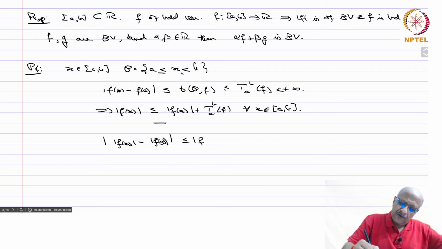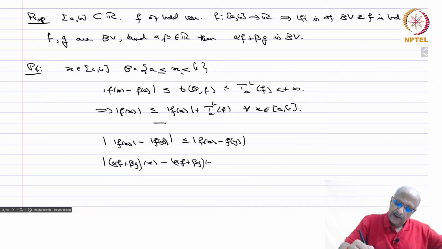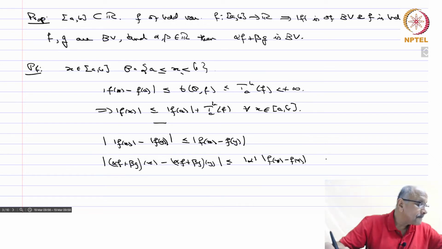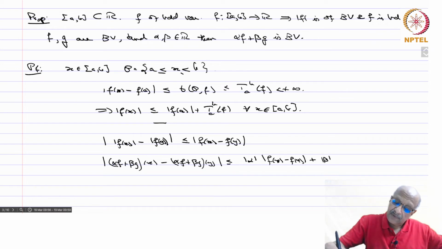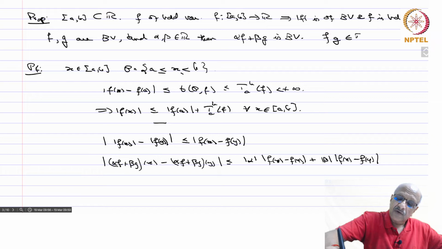is less than |f(x) - f(y)|, and |(αf + βg)(x) - (αf + βg)(y)| is less than or equal to |α| times |f(x) - f(y)| plus |β| times |g(x) - g(y)|. So αf + βg is also of bounded variation.